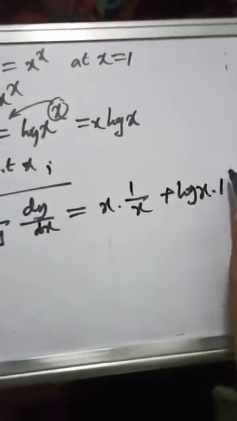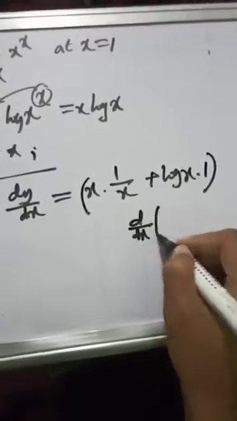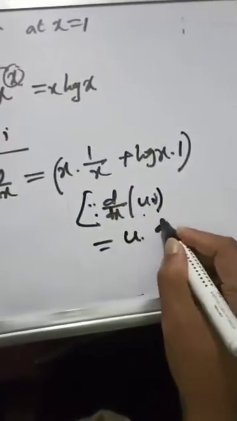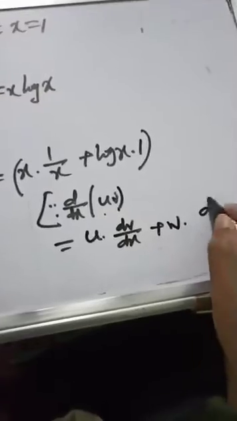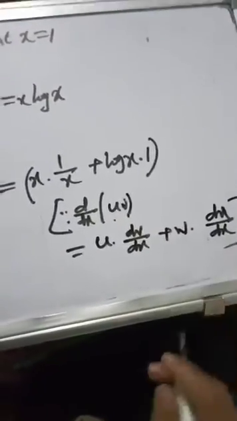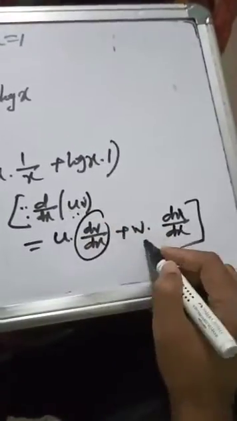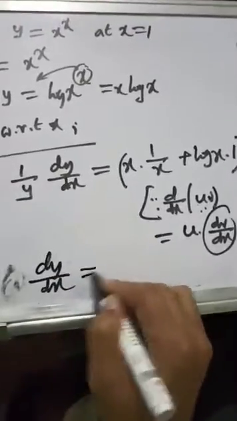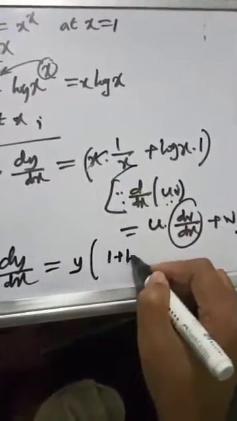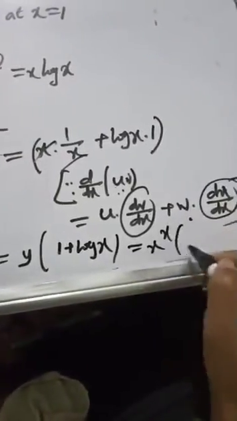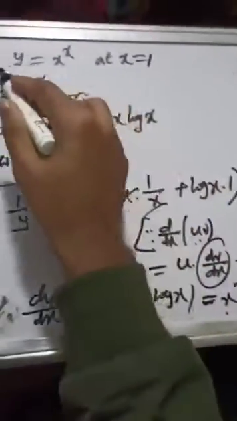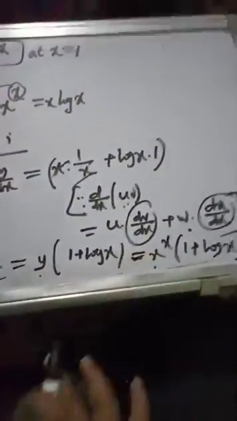We use the product formula: first function times the derivative of the second plus second function times the derivative of the first. So dy/dx equals y times (log x + 1), and since y is x to the x, dy/dx equals x to the x times (1 plus log x).